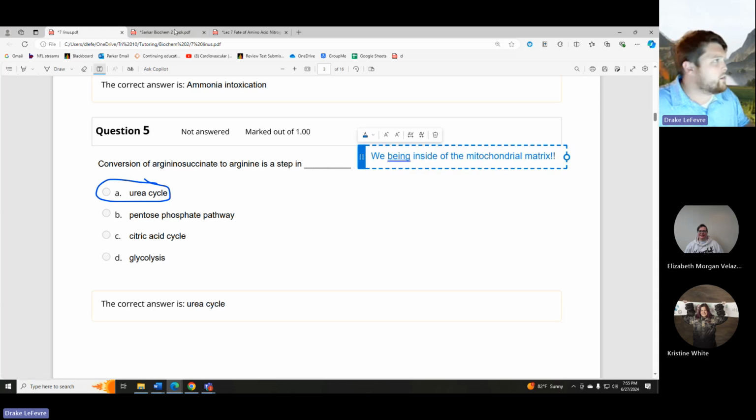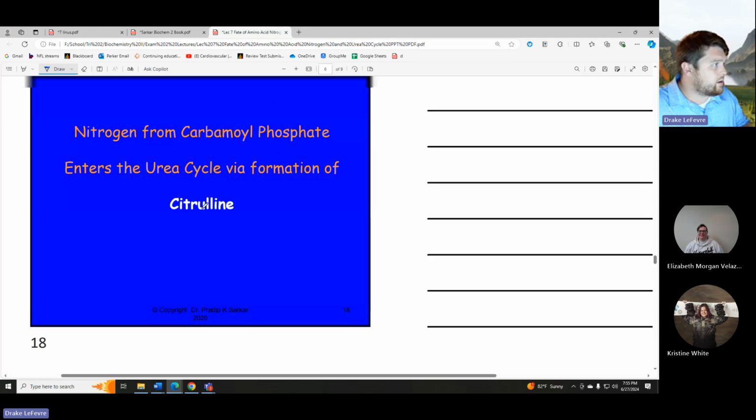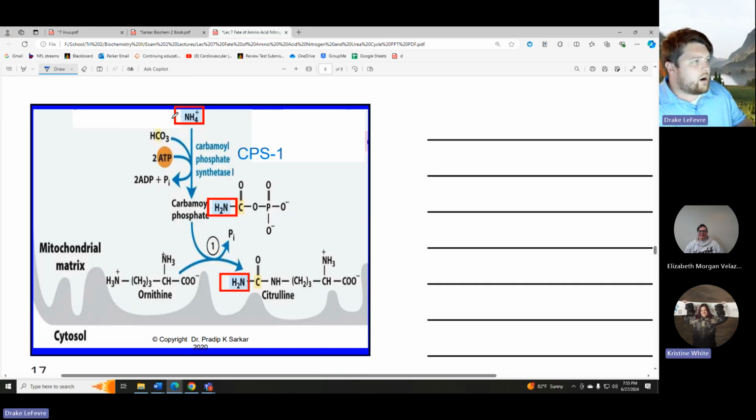From there, I'm going to take a look at a beautiful little picture. We have our carbamoyl, we have our ammonia, this CPS1. Do you guys remember what was the allosteric activator of CPS1? Remember the abbreviation of it?